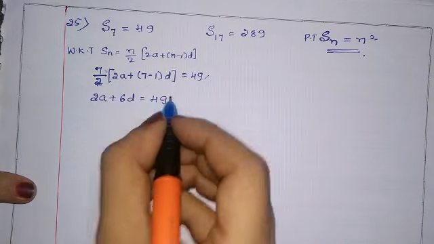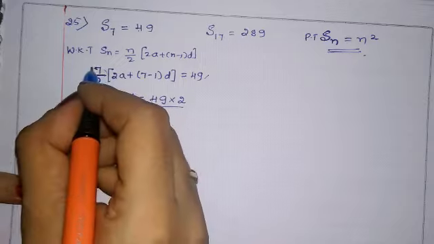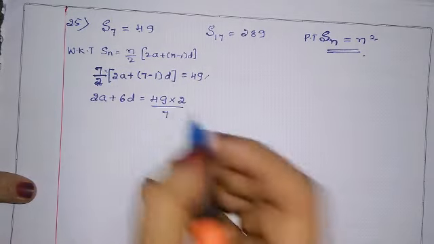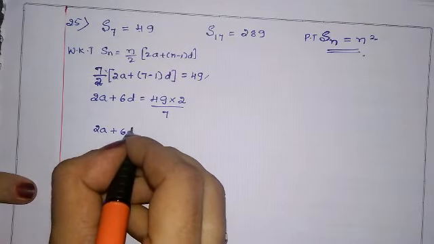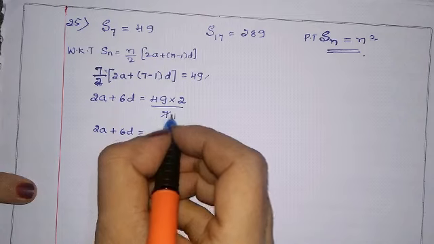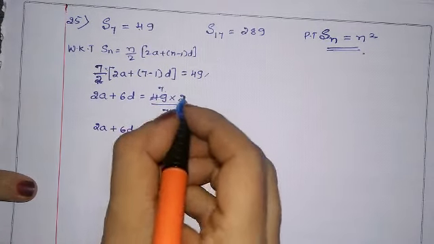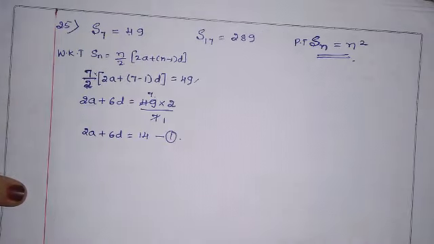This 2 becomes multiply and 7 becomes divide. 2a plus 6d is equal to 7 ones are 7, 7 sevens are 49, so 7 twos is 14. Let us write this as equation 1.